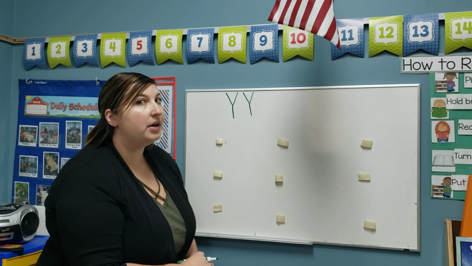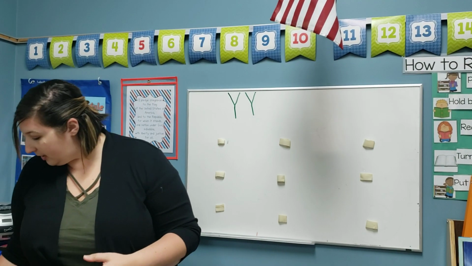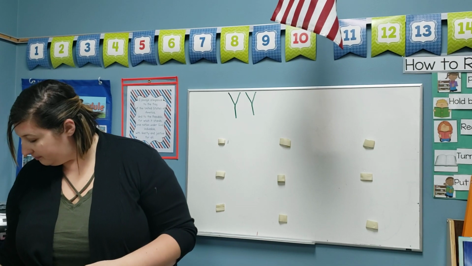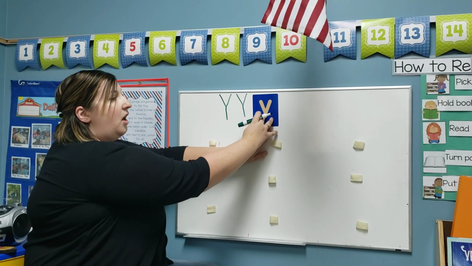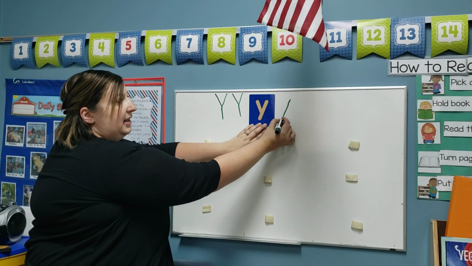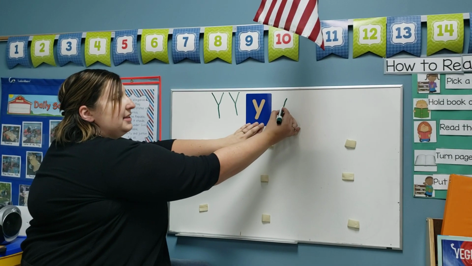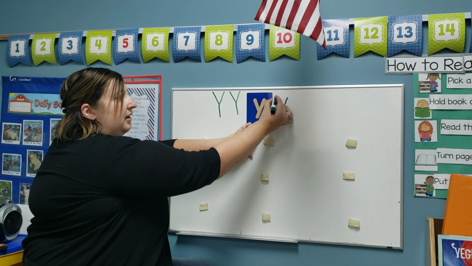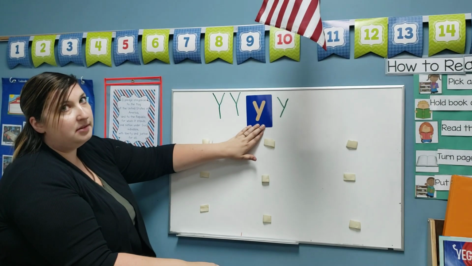Okay, let's try that lowercase y. Now the lowercase y is a little trickier. Okay, let's look at this. I see a longer line down. So I'm going to make a diagonal line down. And then right here in the middle, I see a diagonal line up. That's our lowercase y.